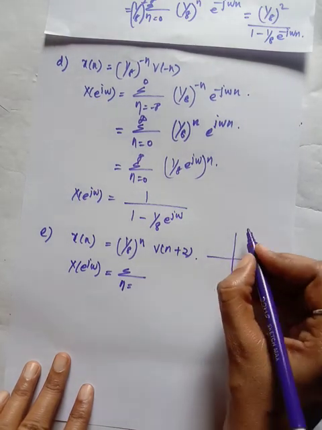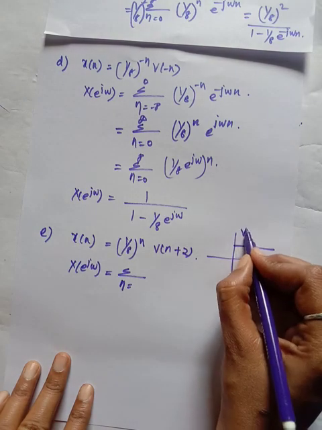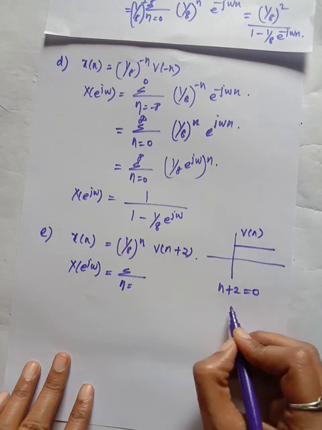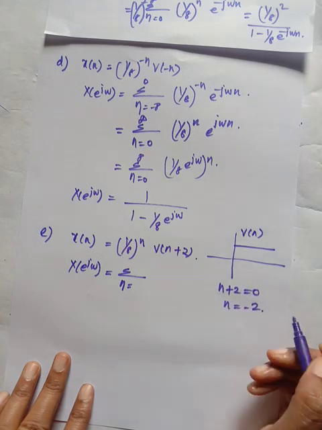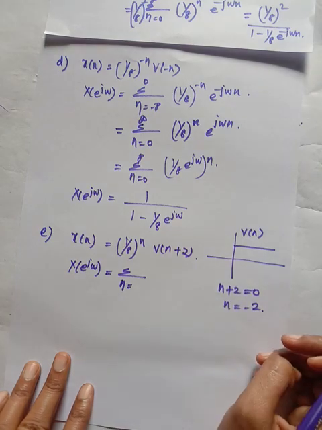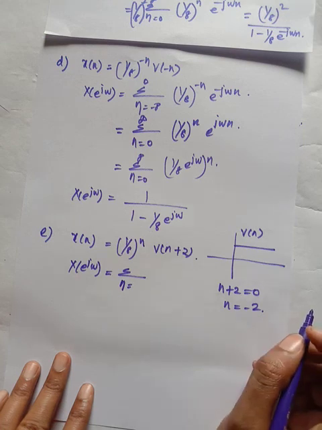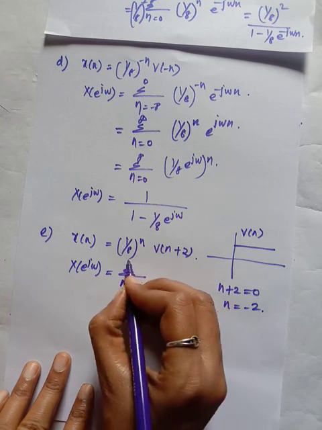So here u of n, now n plus 2 is equal to 0, so n is equal to minus 2. The signal starts at minus 2, so this ranges from minus 2 to infinity.